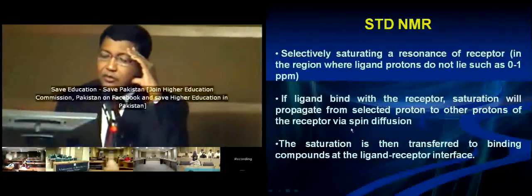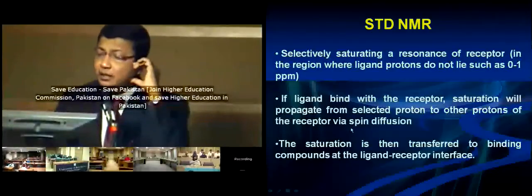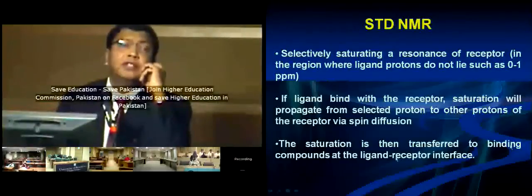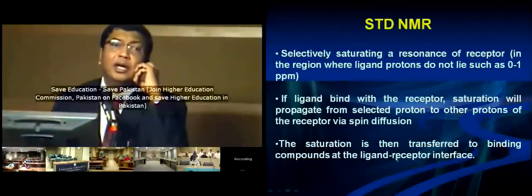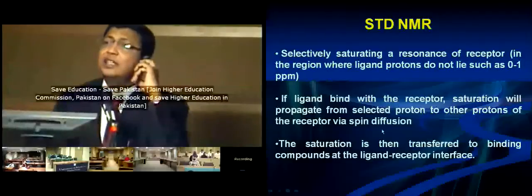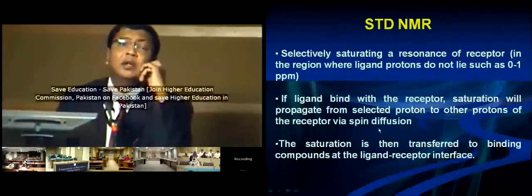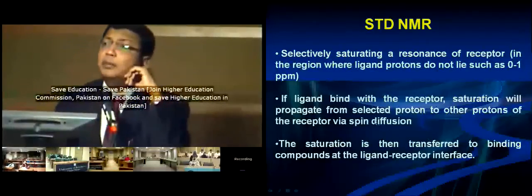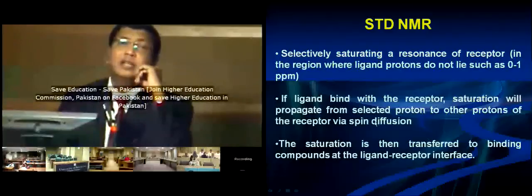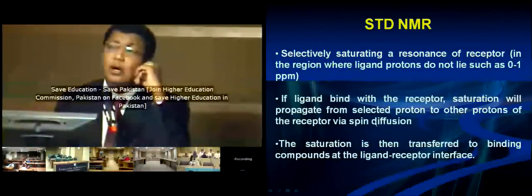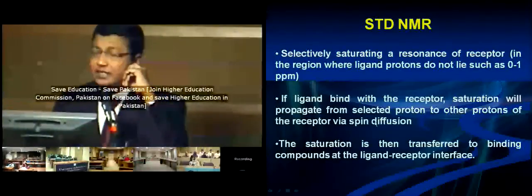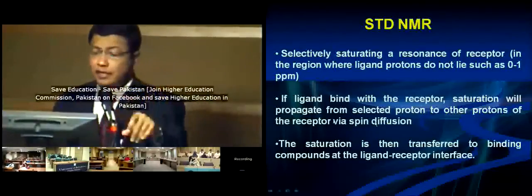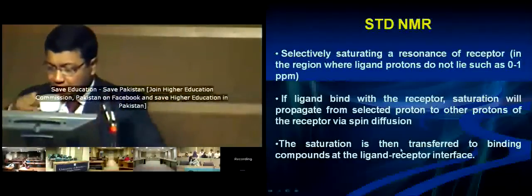The saturation is then transferred to the epitope of the ligand, which is in the active site. And that transfer of saturation will eventually manifest as change in NMR parameters, for instance, chemical shift changes or intensity changes. That will tell you the part of the molecule which is in the active site of the enzyme.